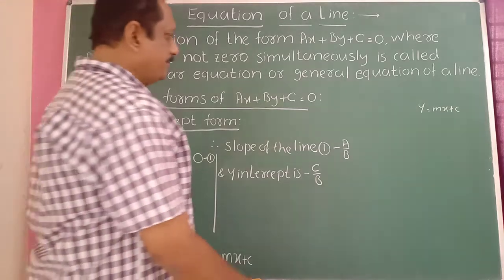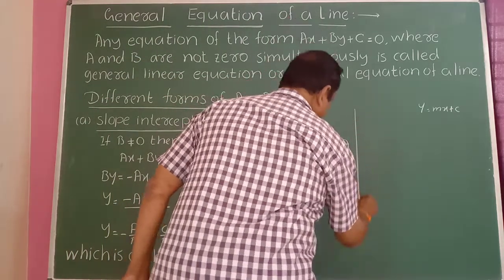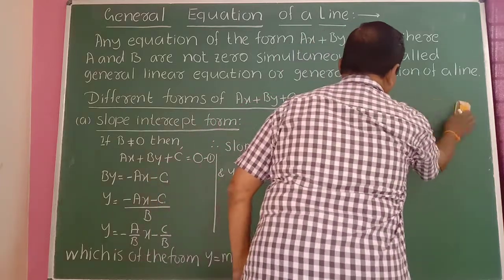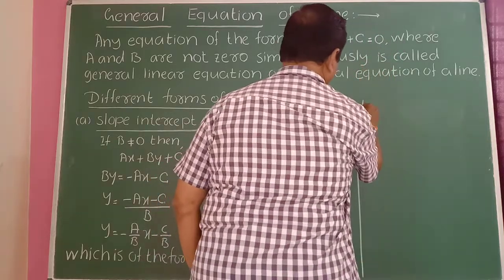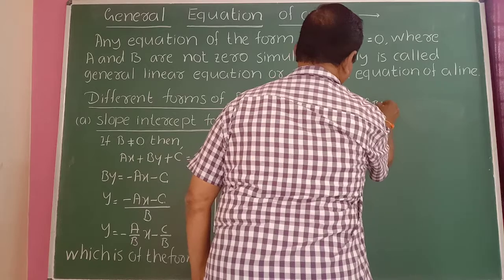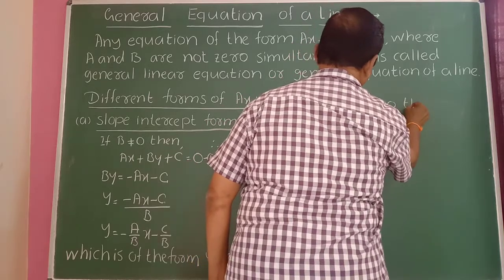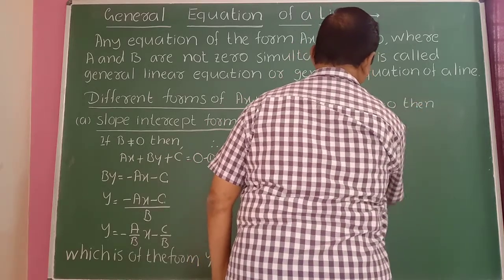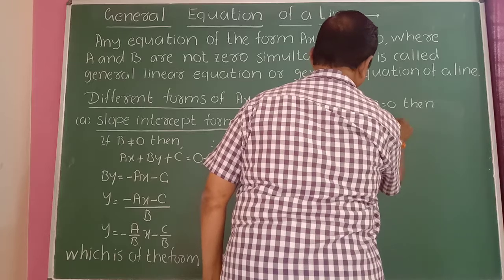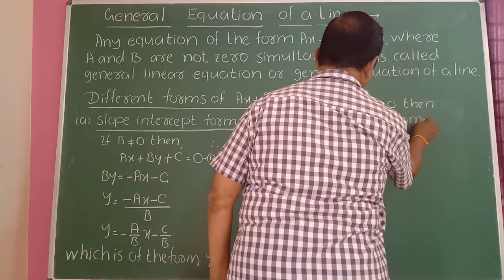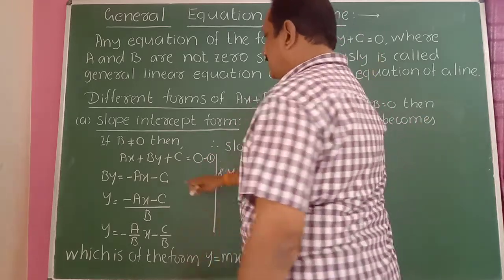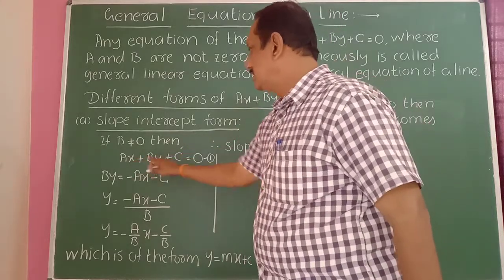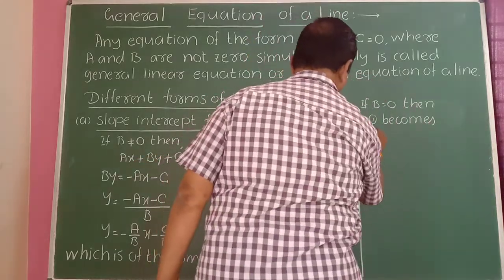Suppose b is equal to 0. Then equation 1 becomes, substituting b equal to 0, ax plus c is equal to 0.